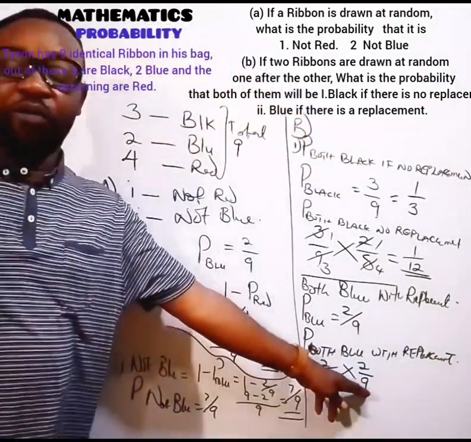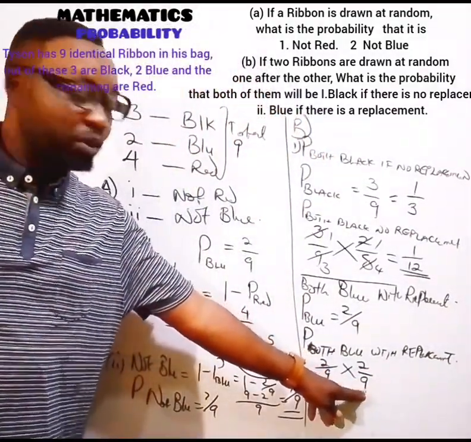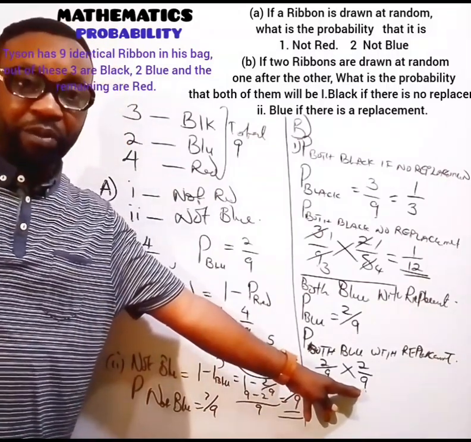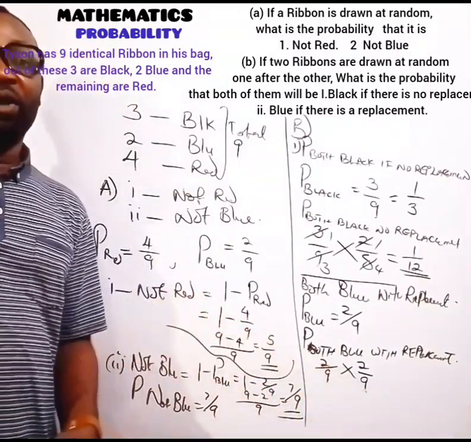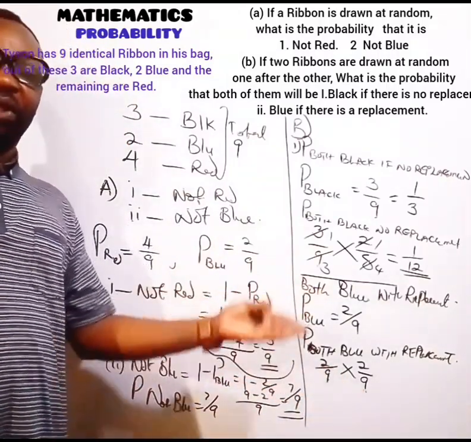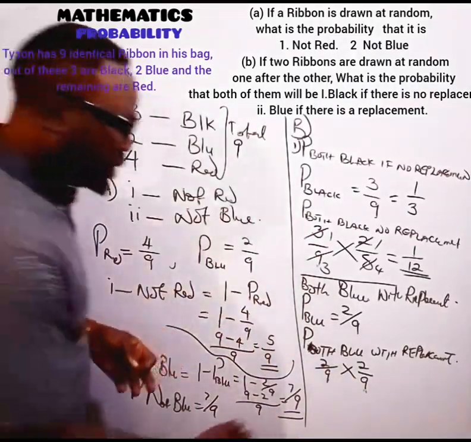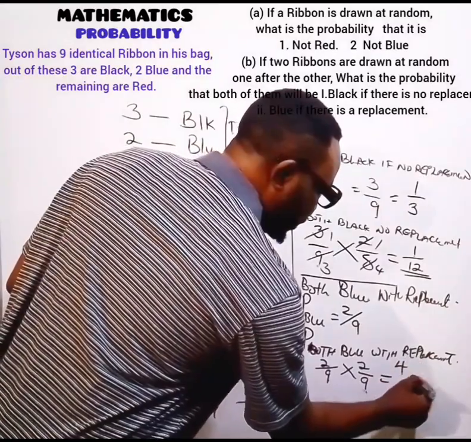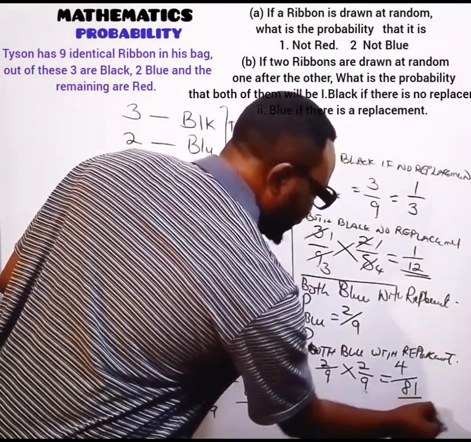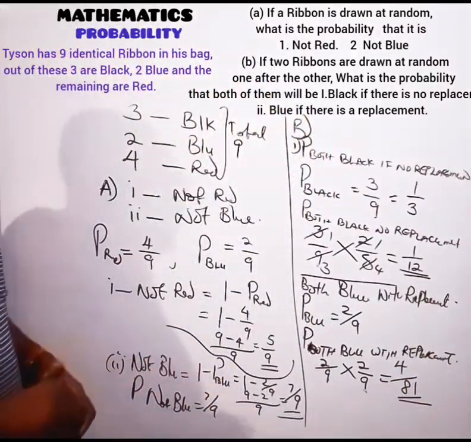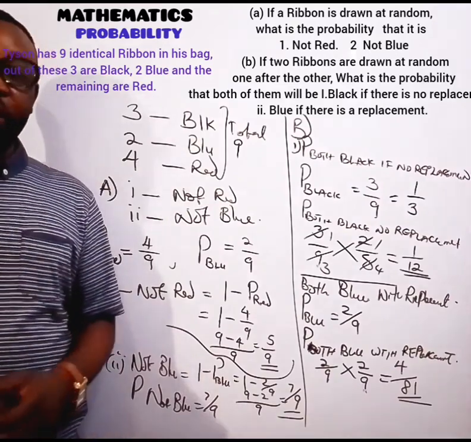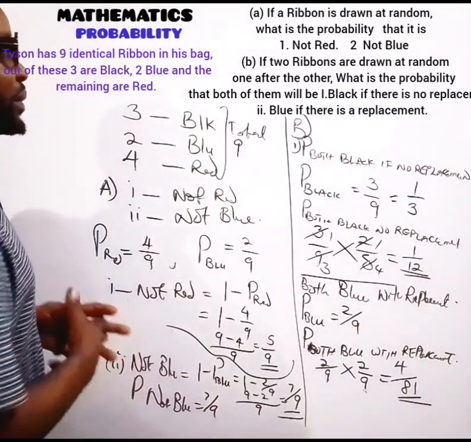The total number of ribbons will not change and will still remain the same value, because the first ribbon taken out has been returned before the second one is taken. So this will give us 4 over 81. So that is the answer to that question.